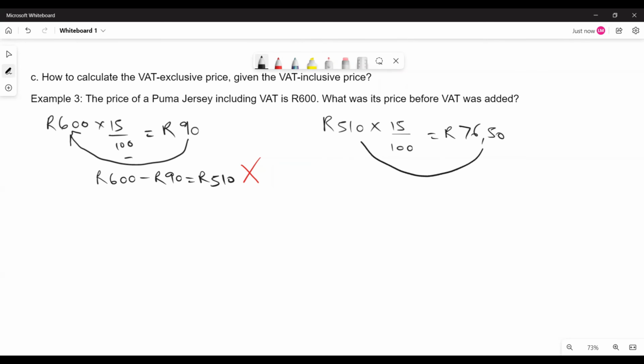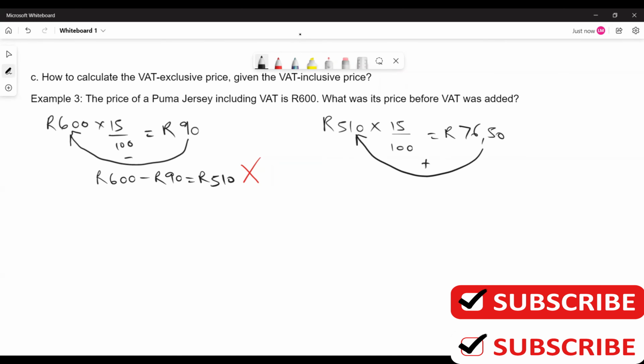So when I add it back to this one, it will definitely not give me the 600 rands which I started with. This will give me 586,50, which is still wrong.